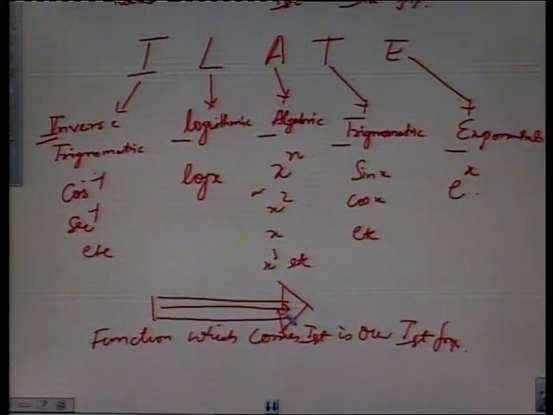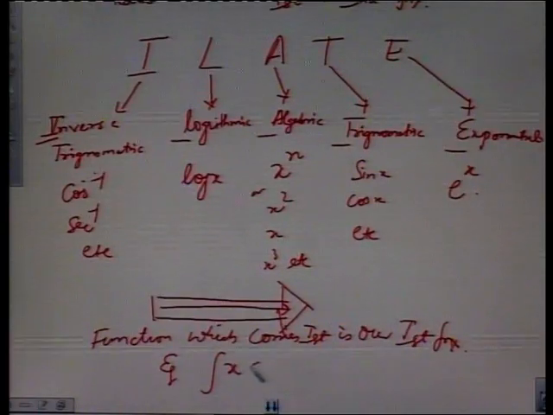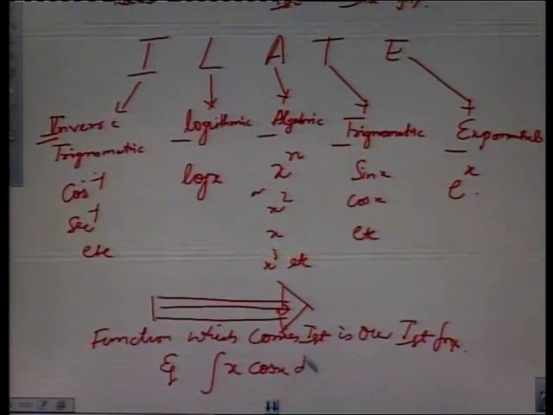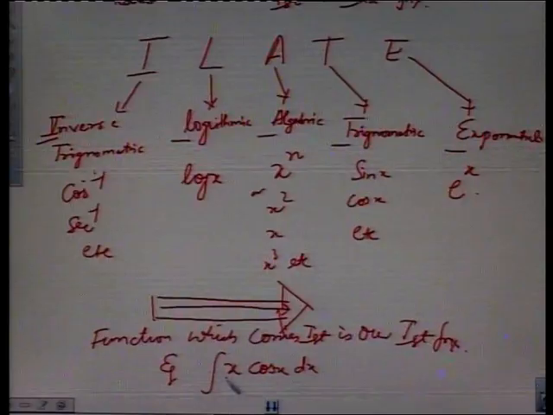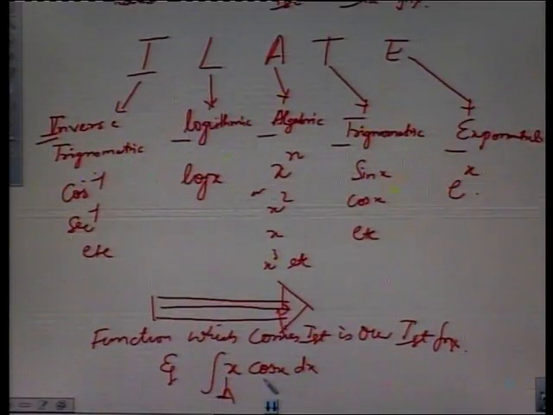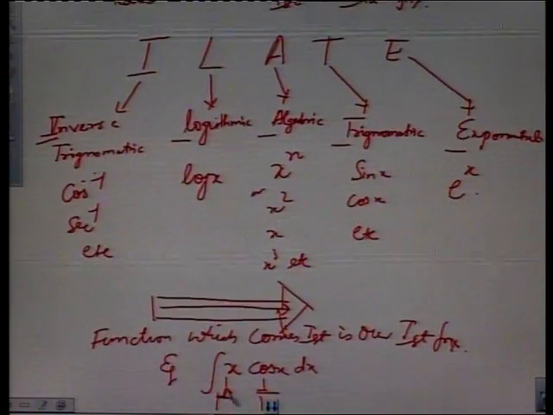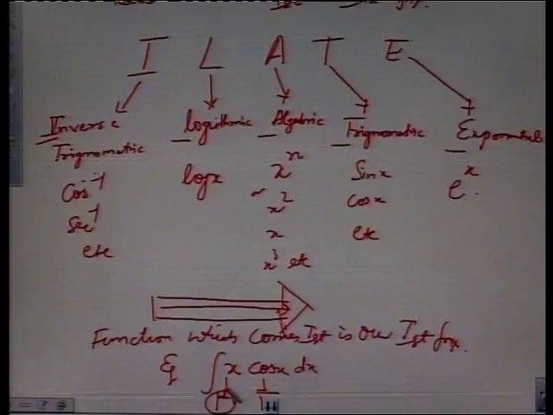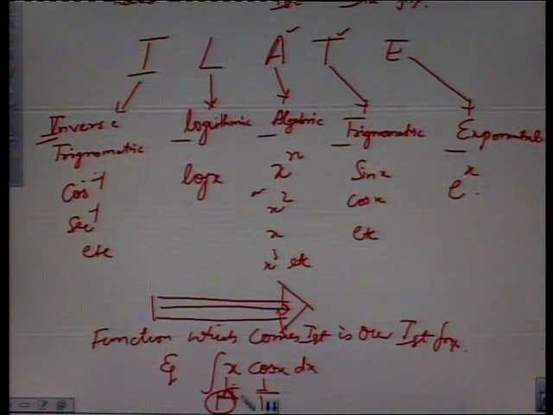For example, as we have discussed earlier, we solved the question x cos x into dx. Here x is of the algebraic type and cos is of the trigonometric type. So A comes first and T afterwards. So we have to take x as our first function and cos x as our second function.